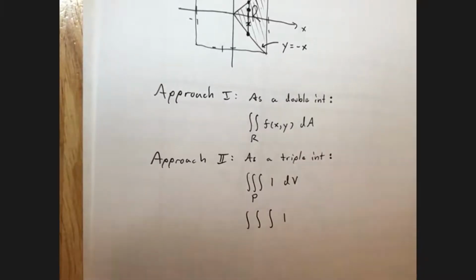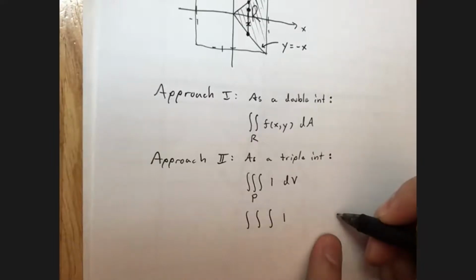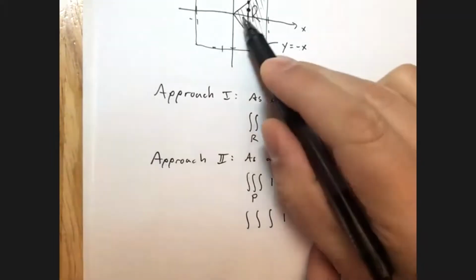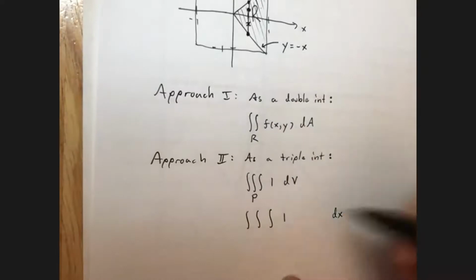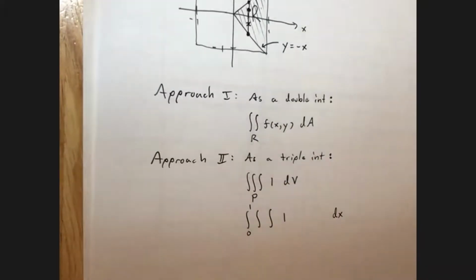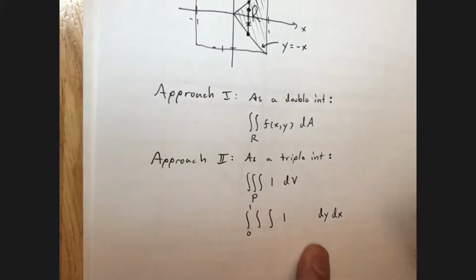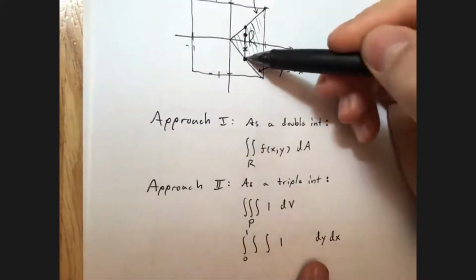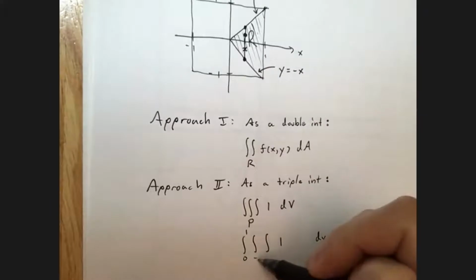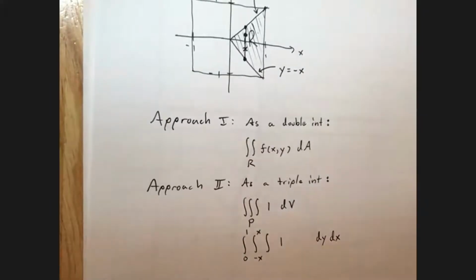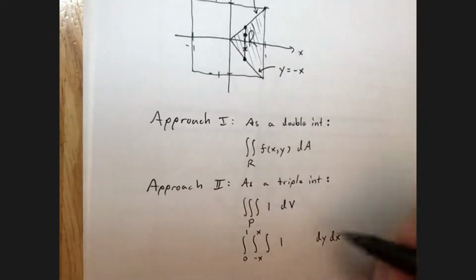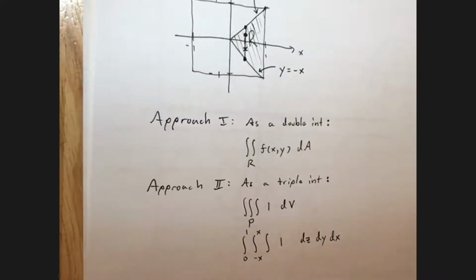The integral kind of does things in reverse. So when I was thinking about it, I thought about first positioning an x between 0 and 1. And then for each of those x's, I found a y. Y ranged from negative x to positive x. And then for each x and y, I thought about what z ranged from.